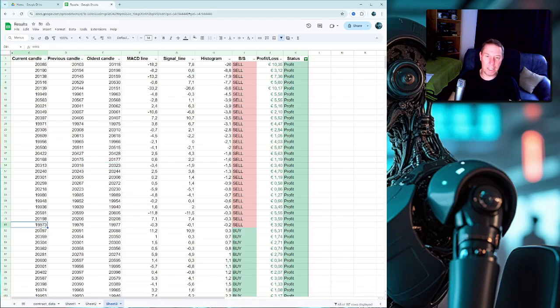When it is 970, 180, 206, it's the previous, it's going up. So the oldest candle was 208, the previous candle was 206, and the current candle was 189.